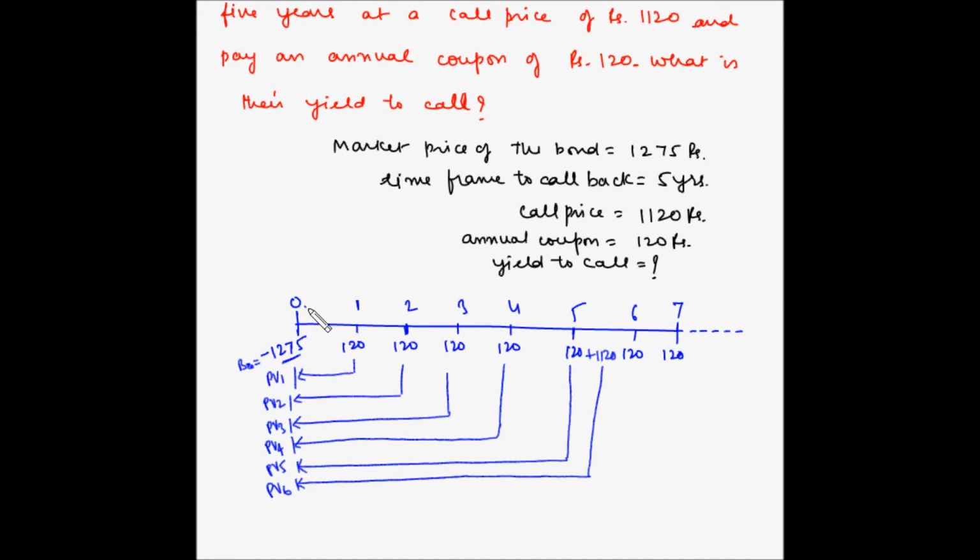So here we are trying to find out the yield to call. So basically when we add up all these present values, the rate at which this total is equal to the value of the bond is the yield for this bond till the point it is being called back.